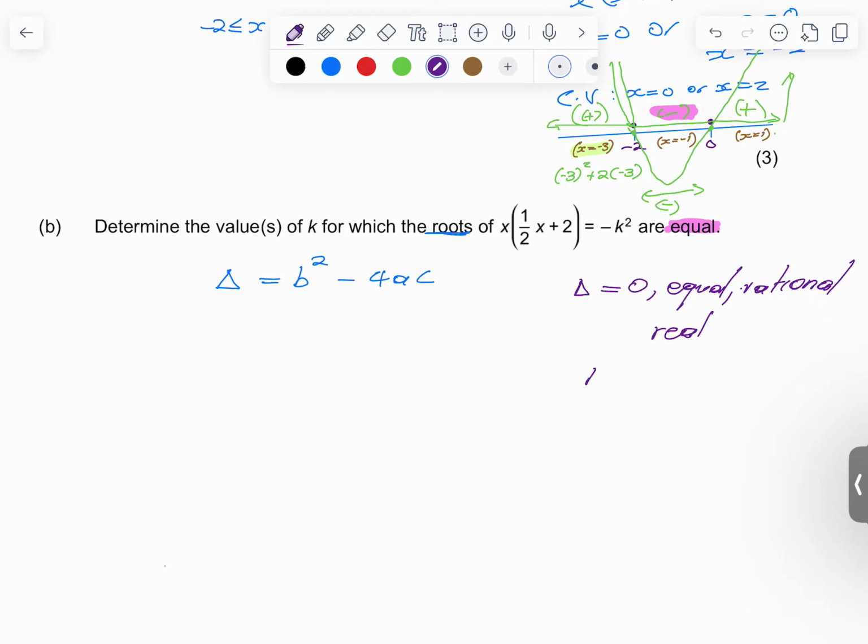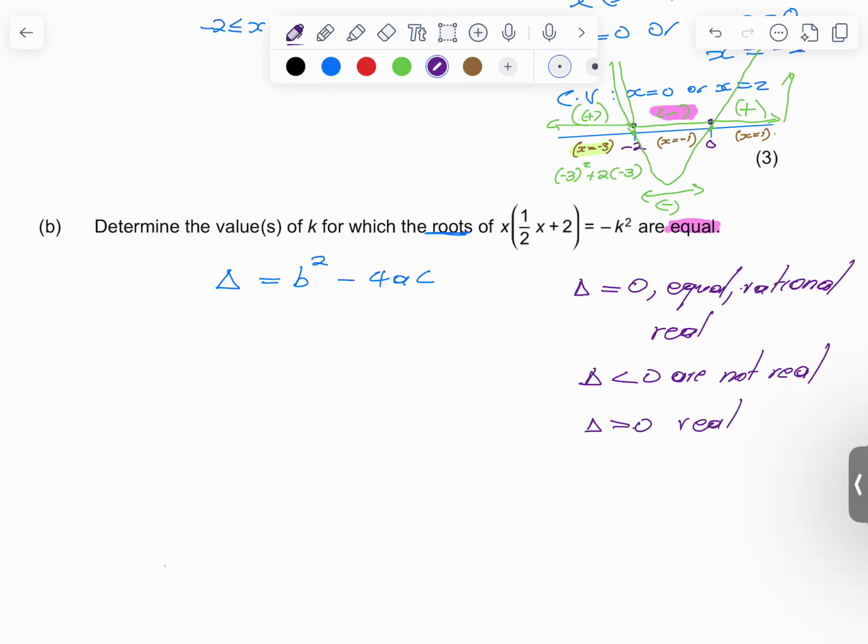If delta is less than 0, then we say that the roots are not real. They're just imaginary, okay? Complex numbers, they're just imaginary. However, if delta is greater than 0, what we know is that the roots will be real.